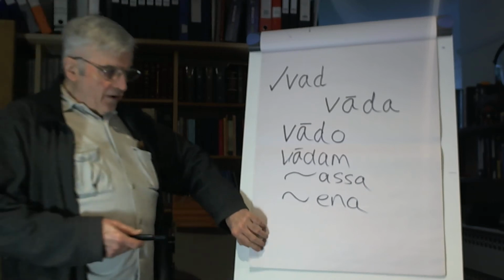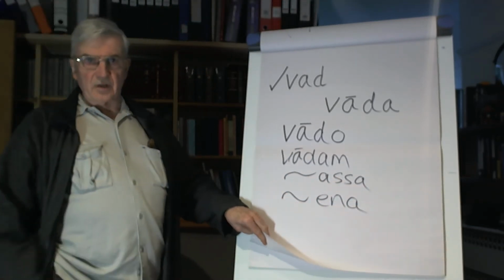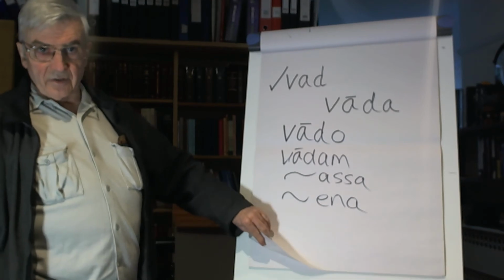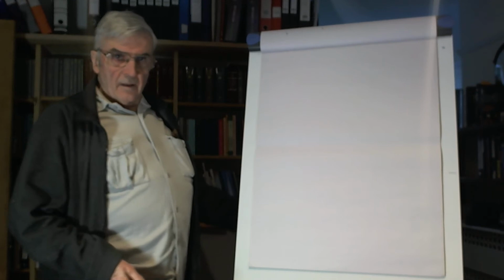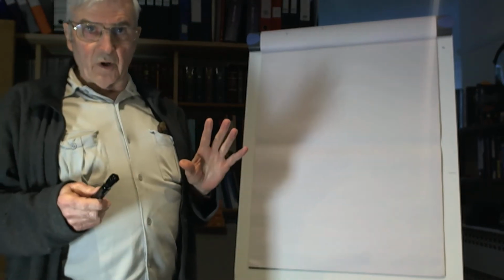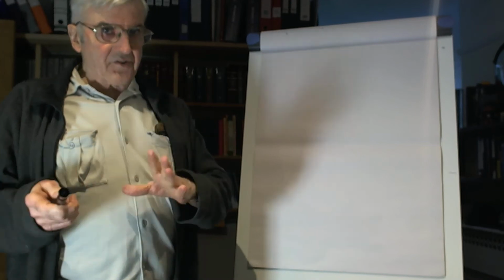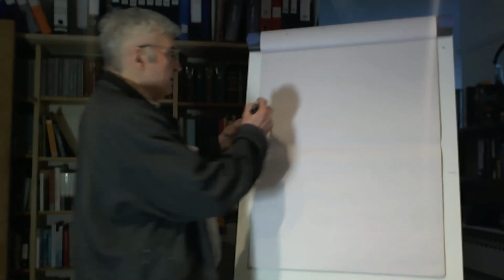The other very important circumstance in which the stem form is used is when a word is compounded with another word. Where you have a compound of two or more words, only the last element of the compound will be inflected. Okay.